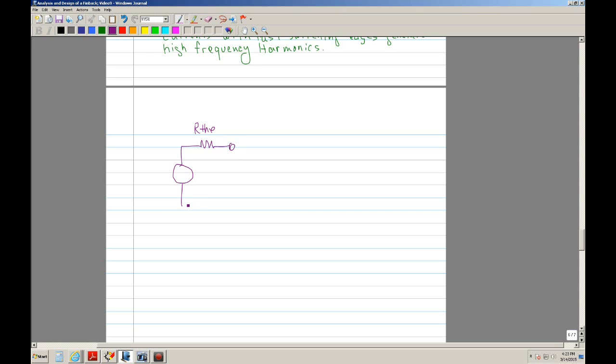For right now, I'm going to say that this is neutral and this is your positive. And typically you want an inductor and a cap.